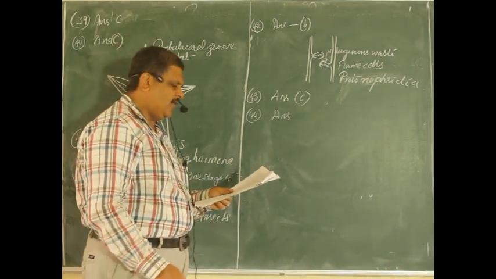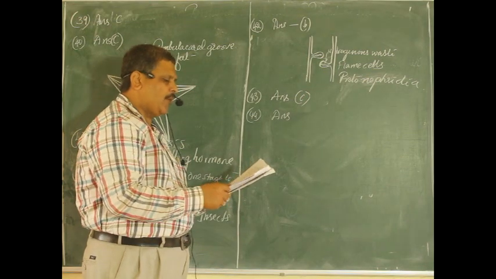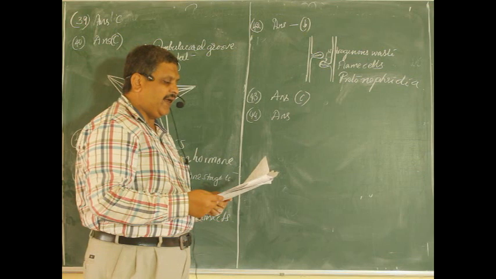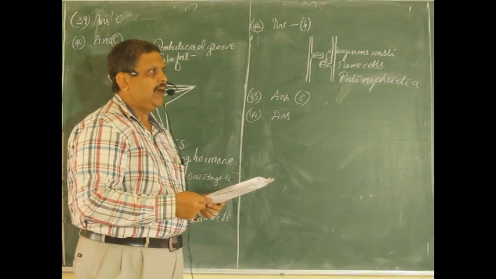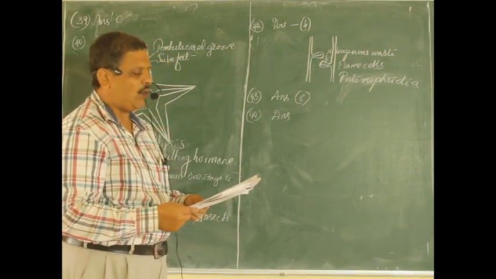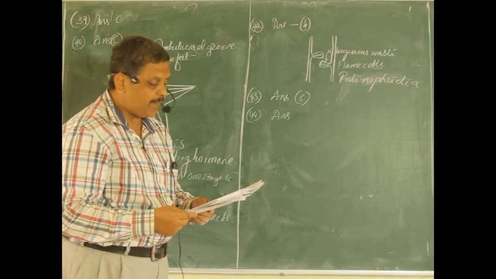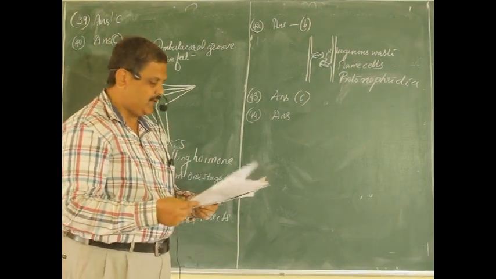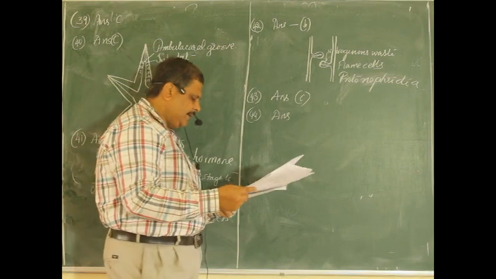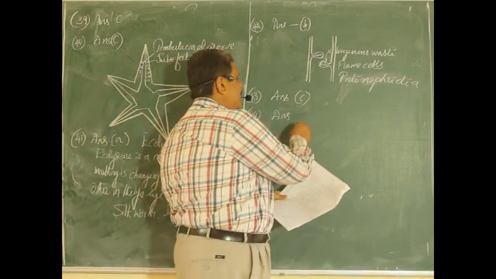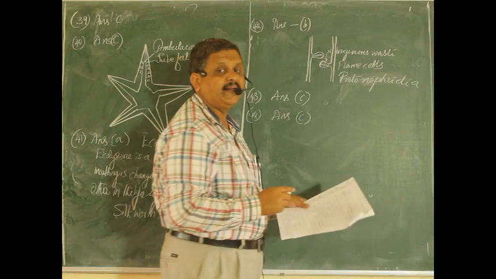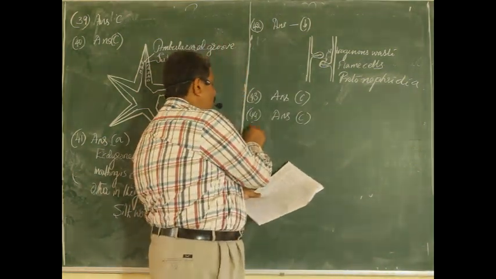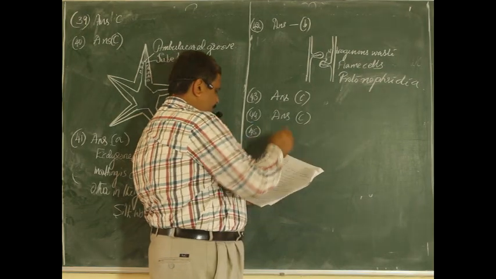I will give a clue for this. The horns of the rhinoceros are made up of hairs. So now you got the answer. That is option C, because hair consists of protein called keratin.